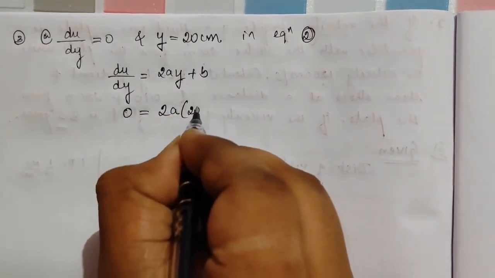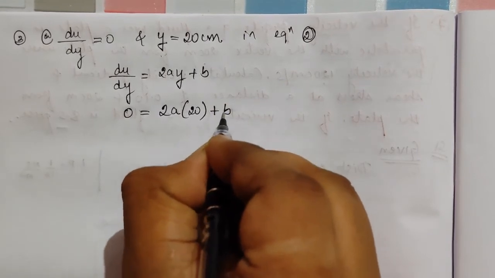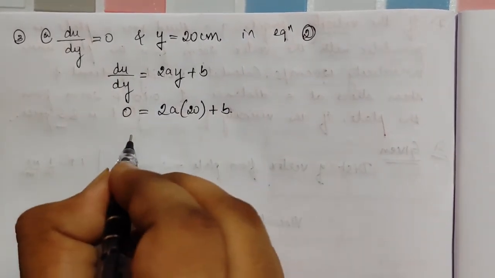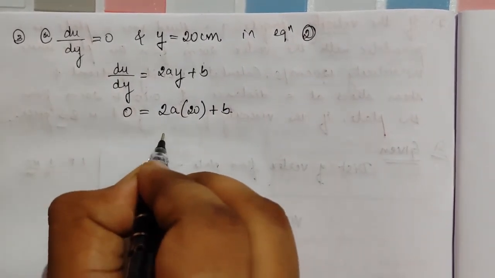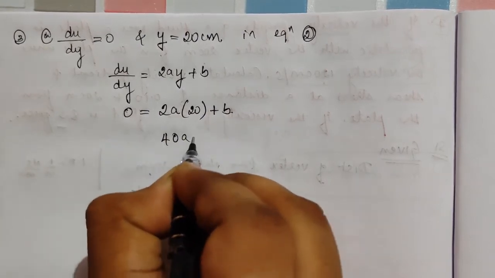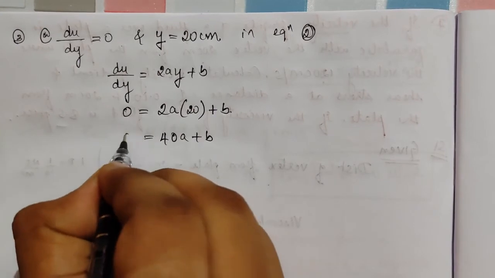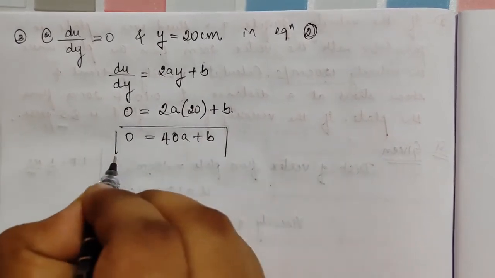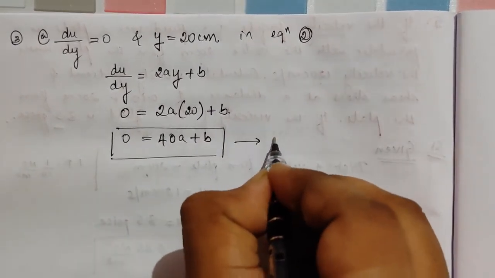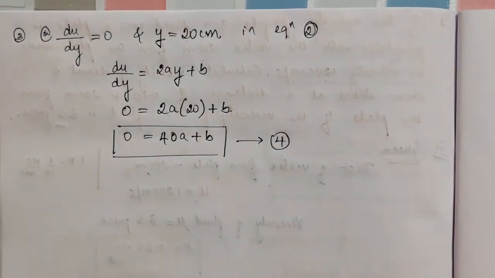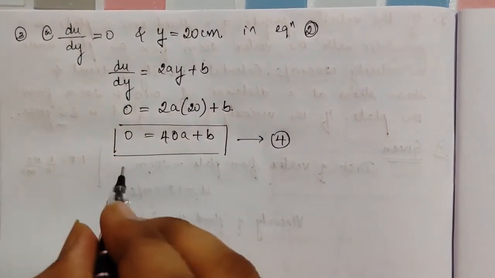It is 20 centimeter, plus b. So now what we will get? 20 into 2 is 40a plus b, which is equal to 0. So this is equation number 4.